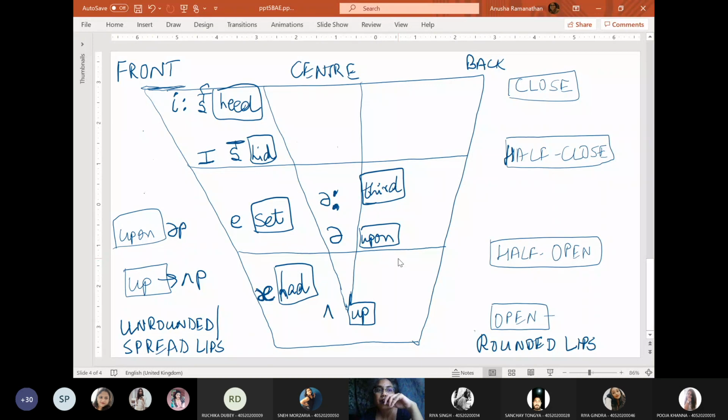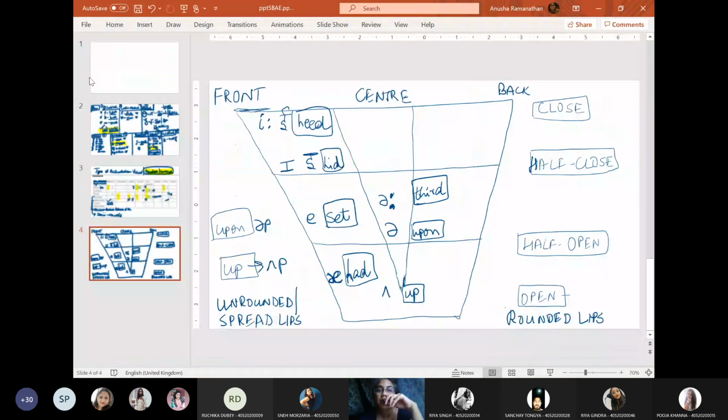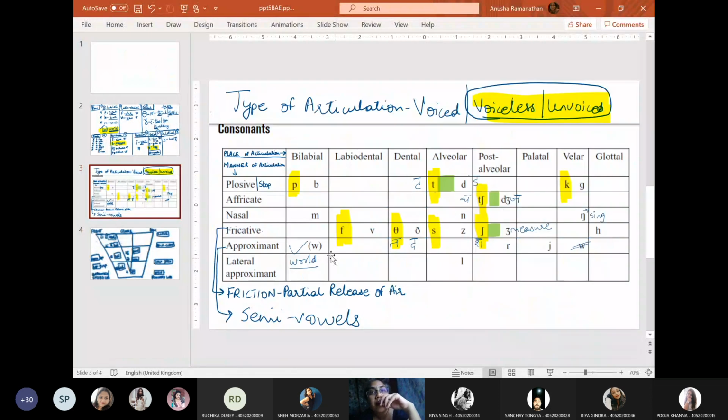And I'm going to go back to the fact that we had this initial thing where we talked about the approximants, and now you realize why the r, l, etc. come to be known as approximants, because you realize very often the sound is kind of overcome by the vowel sound. That is why we call them semi vowels in that sense. You realize how that happens? This is how it happens.